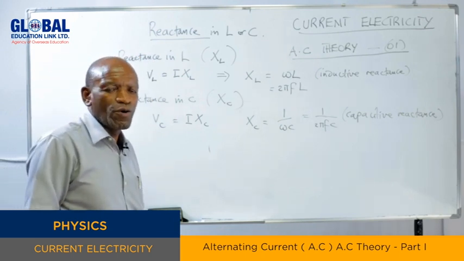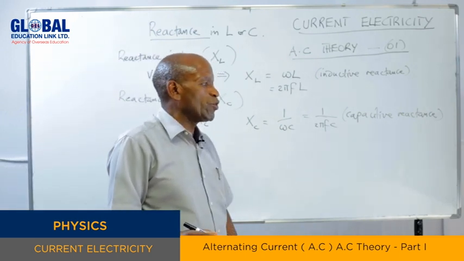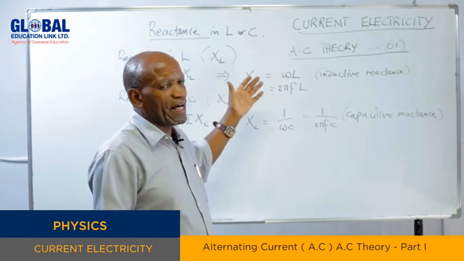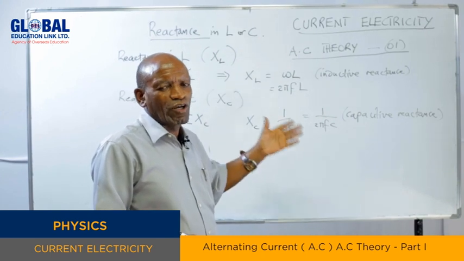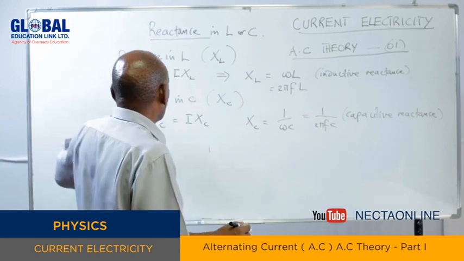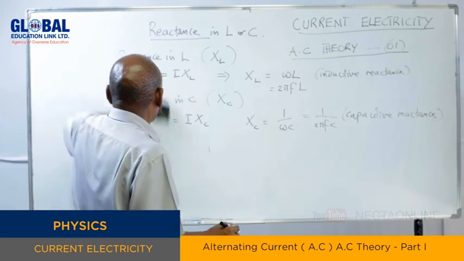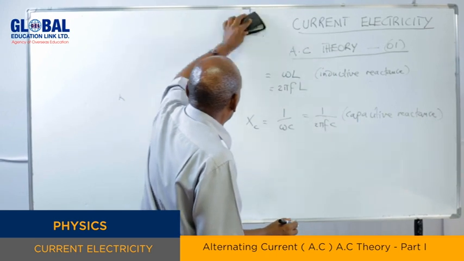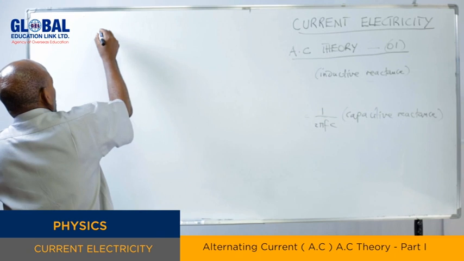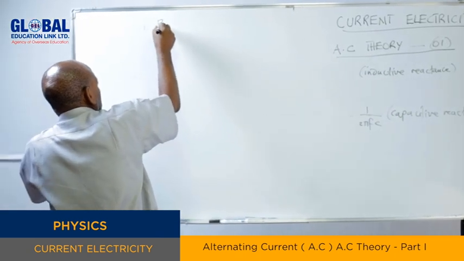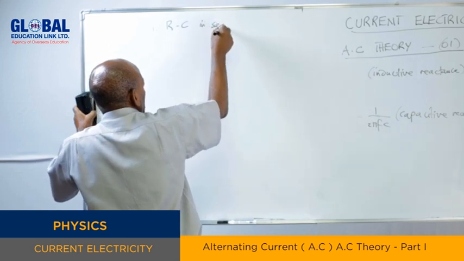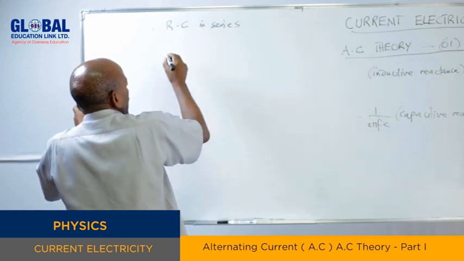Okay, students, now I need to take you to circuits having a resistor, an inductor, and a capacitor connected in series. We shall discuss 3 cases only at this part. First, we are going to look at a resistor and a capacitor connected in series.